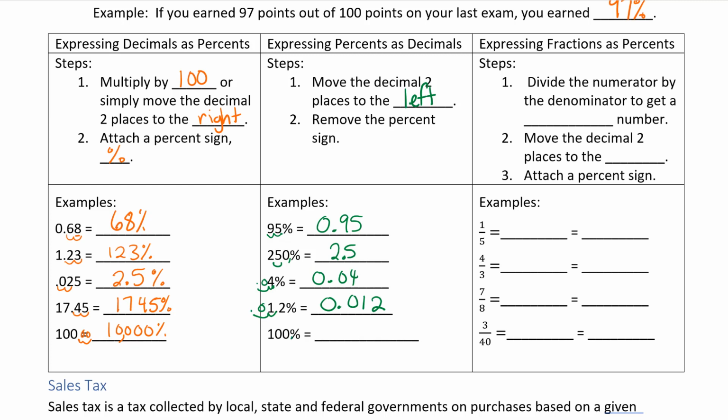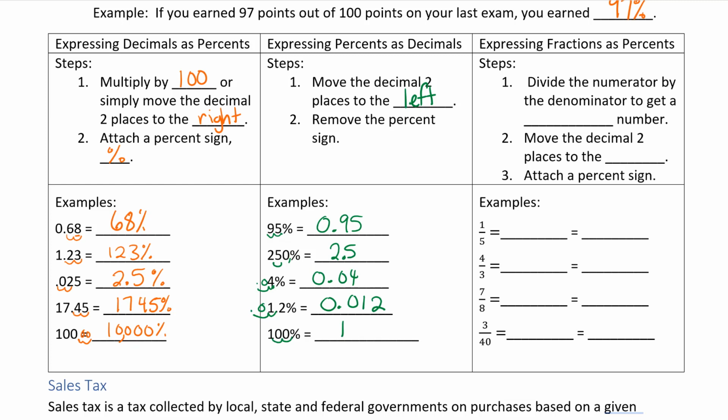And then the last one, when you move the decimal over 2 places for 100%, you just get 1.00. But in decimals, you don't have to write zeros after the decimal, so really, it's just 1.